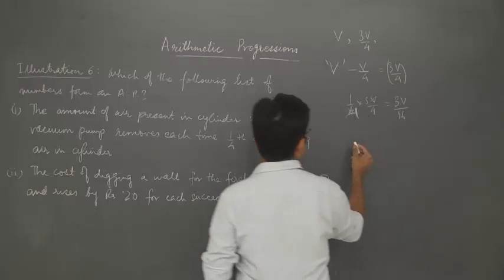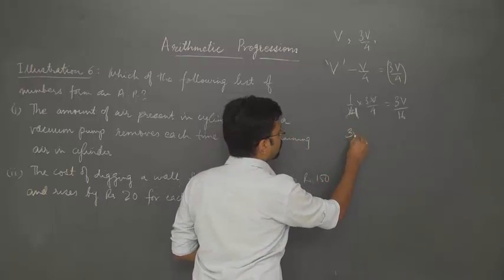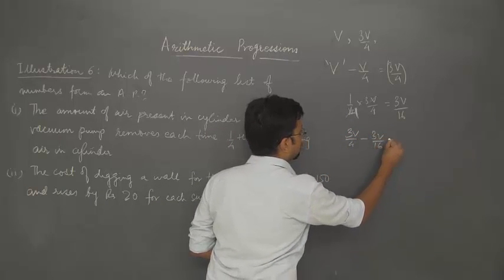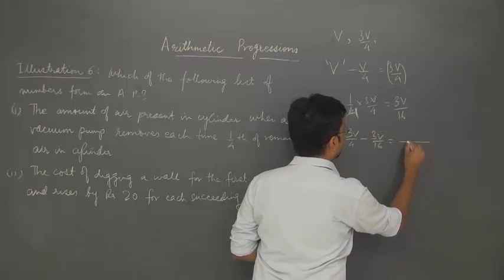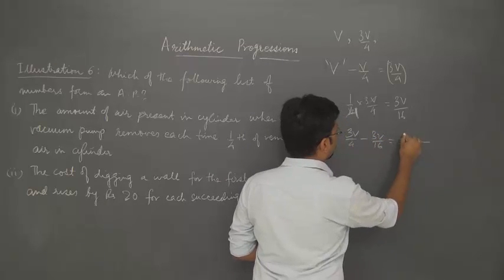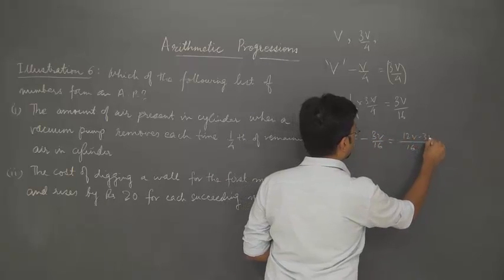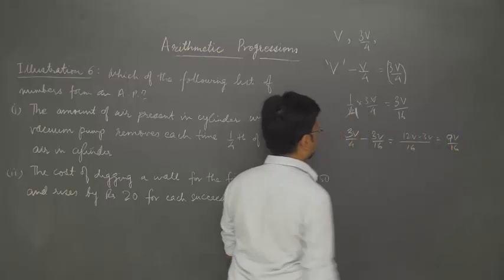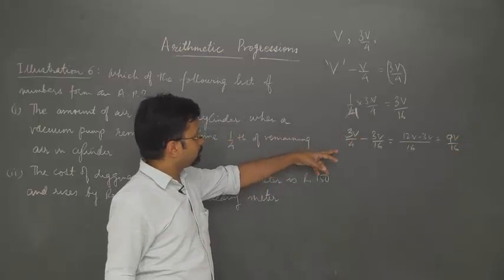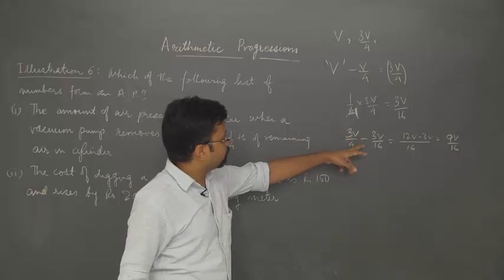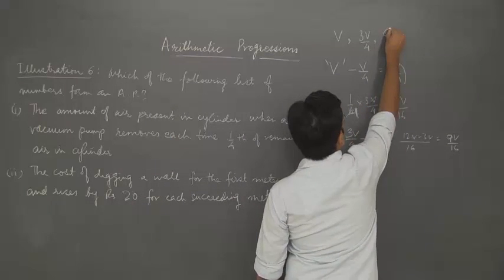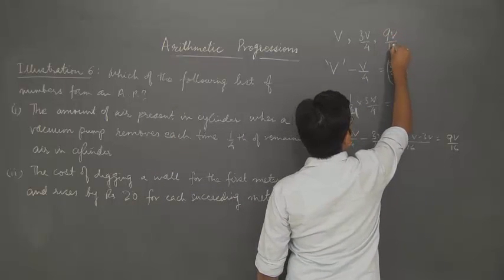It would be 3V by 4 minus 3V by 16, which is equal to 12V minus 3V over 16, so you get 9V by 16. So the amount of air will be 9V by 16.